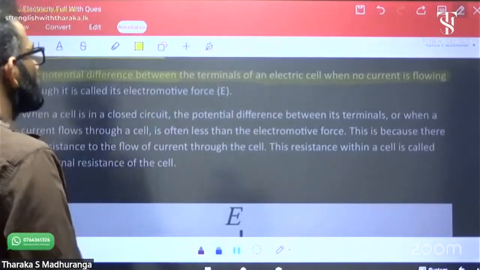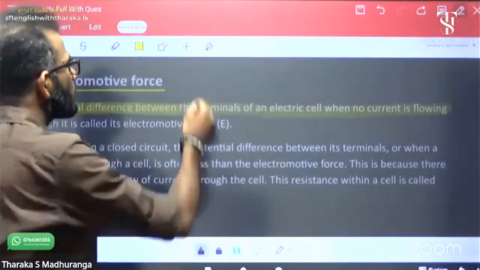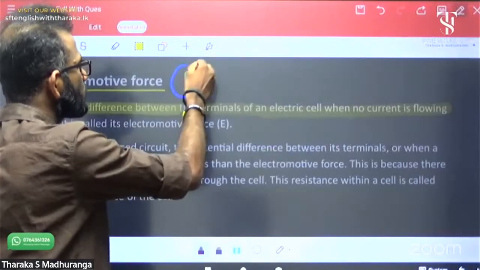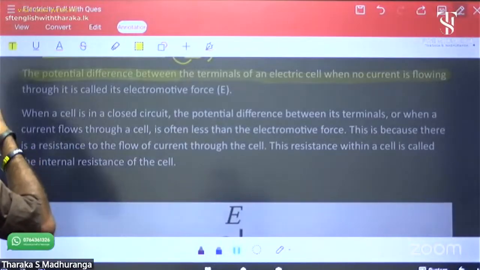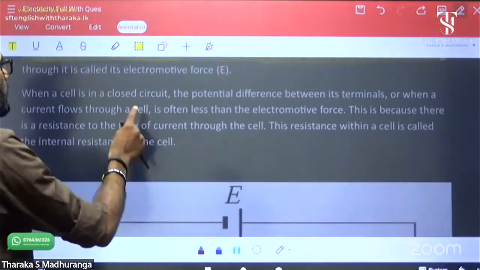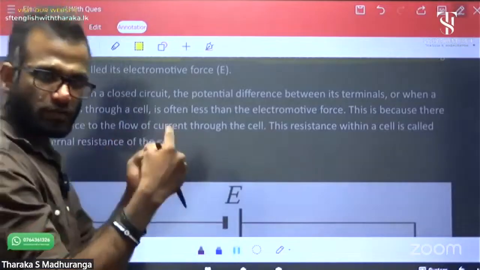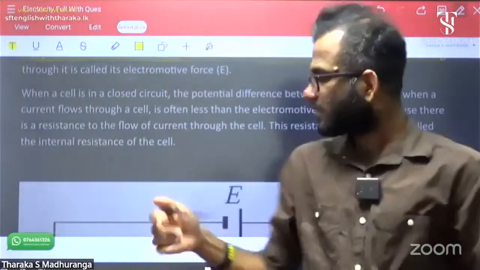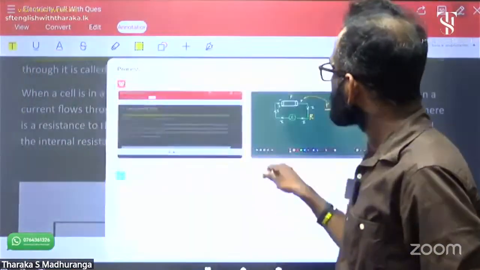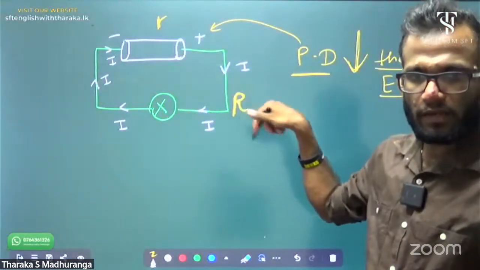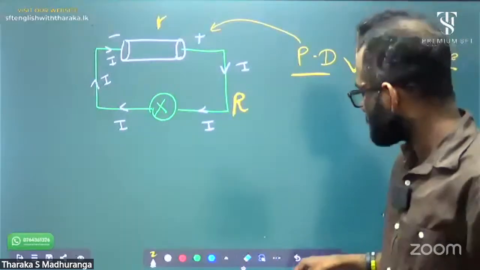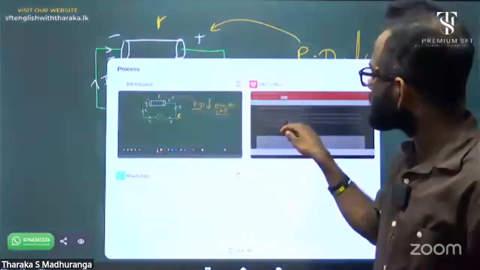Normally, we label electromotive force as capital E. When a cell is in a closed circuit, as I explained earlier, closed circuit means like this, a circuit without the switch off.